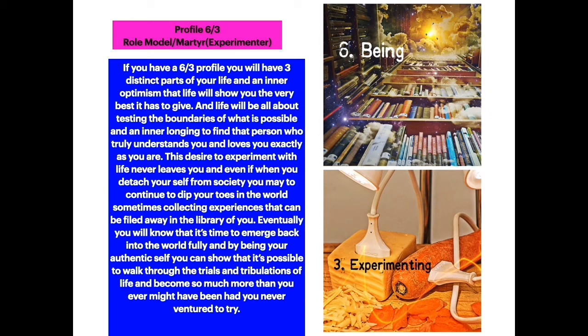So when you have somebody with a 6-3 profile, you have somebody who is experimenting with relationships as much as they're experimenting with everything else. And so this whole soulmate thing may be more of a longing, but maybe it is more difficult to actually find that, or to make that happen before they go up on the roof, because the energy of a 6th line generally wants to take a soulmate or somebody up with them on the roof.